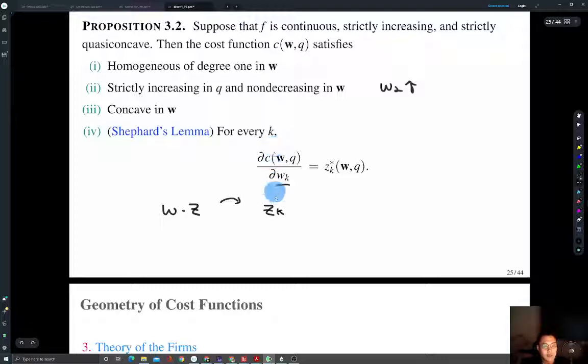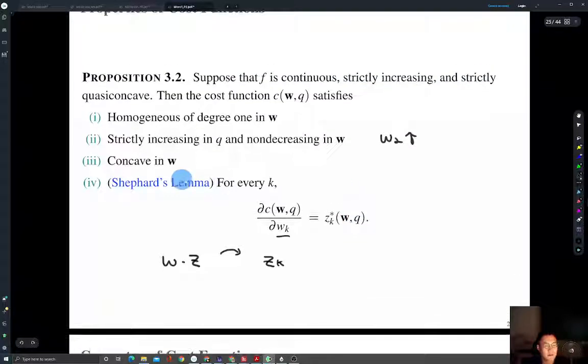And then we substitute the optimal solution, that is the conditional demand. Okay? So the partial derivative of a cost function with respect to input price gives me conditional demand. Okay, so that is Shephard's lemma.